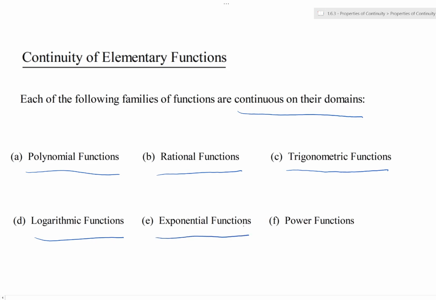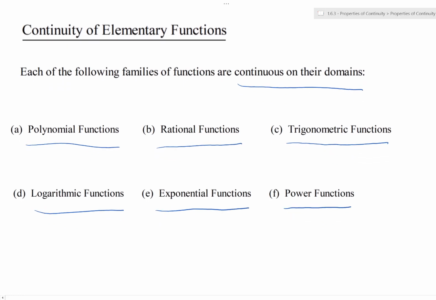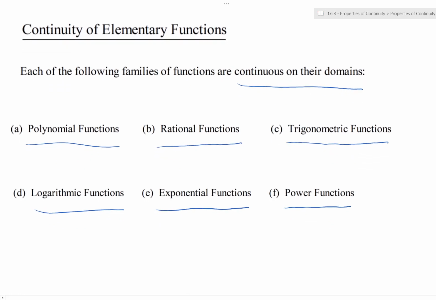Exponential functions, of course, are continuous for all real numbers, since that's what their domain is. And finally, power functions. Big realm there. Root functions, functions to the whole number power, etc. A lot of different things can happen there, but as long as they're defined, they're continuous. That's what this list is. And you can try to rationalize that.